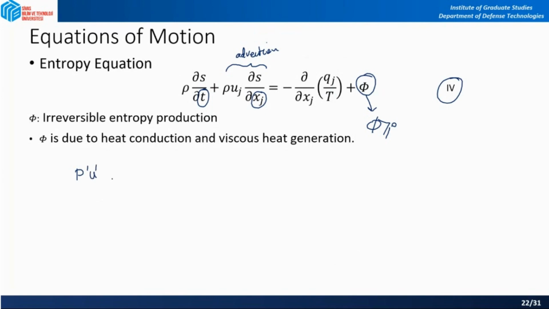Okay, things like this, and we do not know what they are, and they are difficult to measure because it's not very easy to measure pressure fluctuations. How do you want to measure pressure fluctuations?